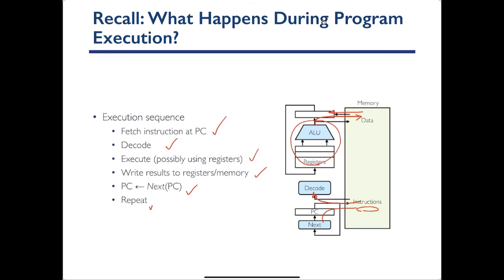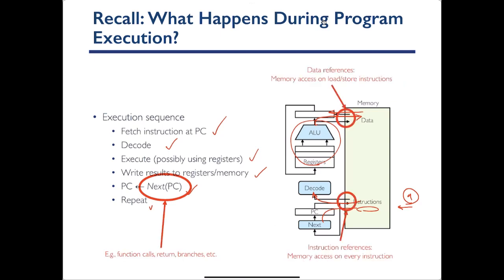This means at least one access to memory per instruction. So at least one time per instruction, we're going to go to memory, and in some cases twice. So in all the instructions, we have one instruction reference, and in some instructions, we might have data references as well.